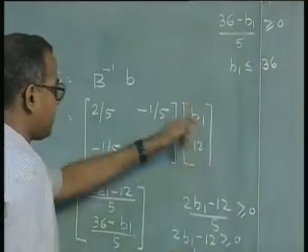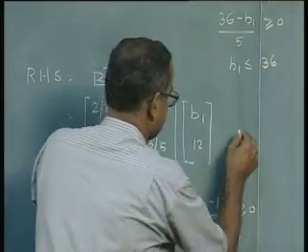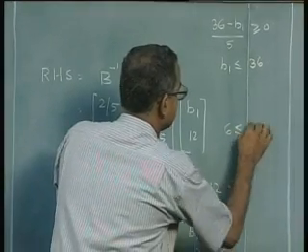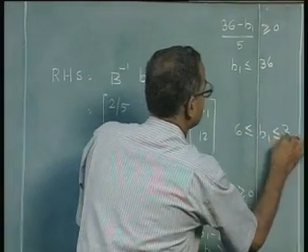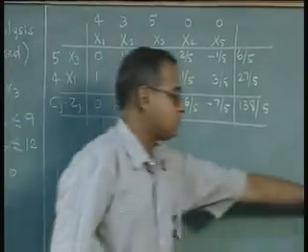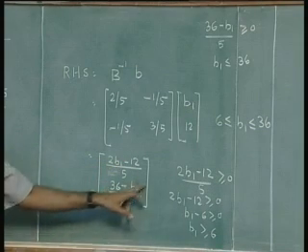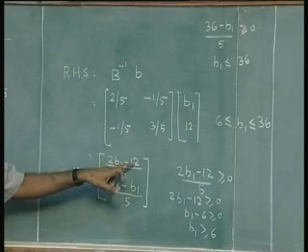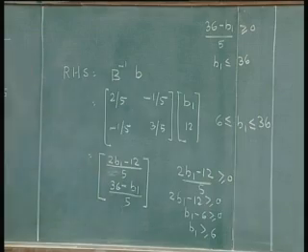So as long as b1 is within the range 6 to 36, 6 less than or equal to b1 less than or equal to 36, the present set of basic variables will remain optimal with values (2b1 minus 12) by 5, (36 minus b1) by 5. We need to substitute the values of b1 in this to get the right hand side.